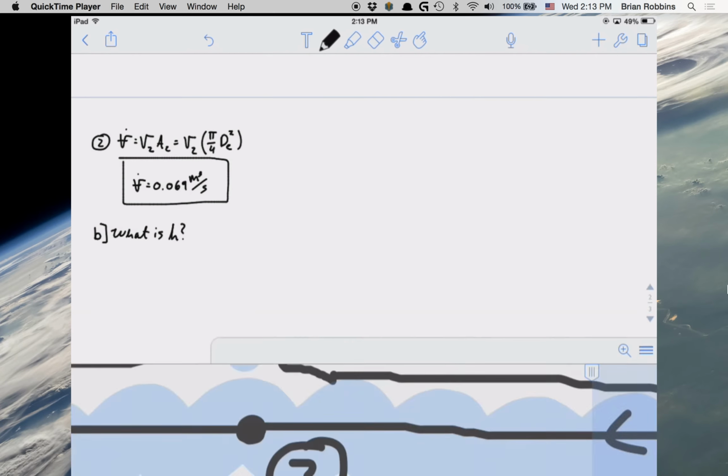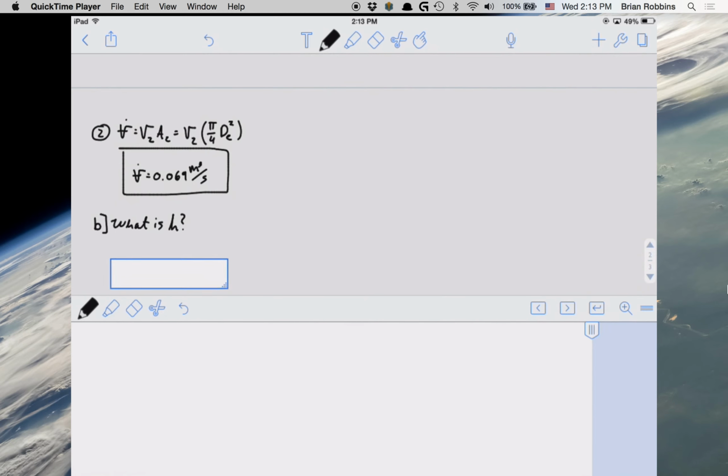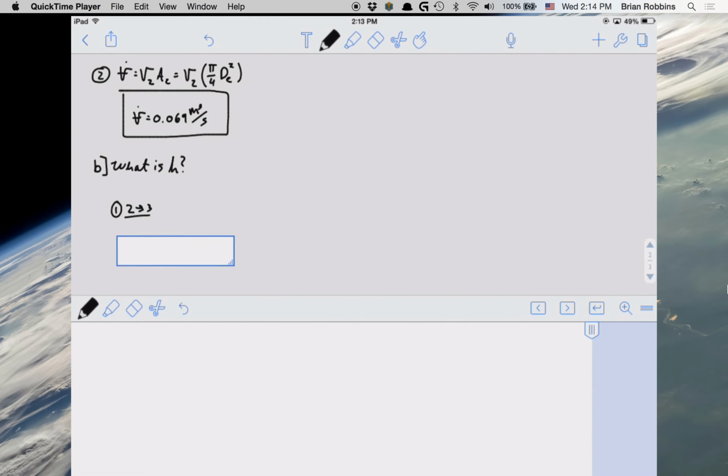Okay, so let's go ahead and apply Bernoulli's equation between points 2 and 3. So we have step 1. We're going to go from 2 to 3 for Bernoulli's equation.